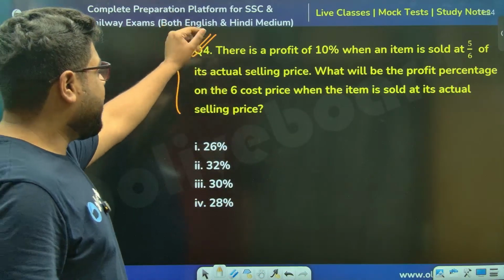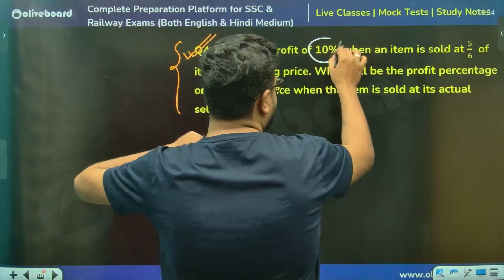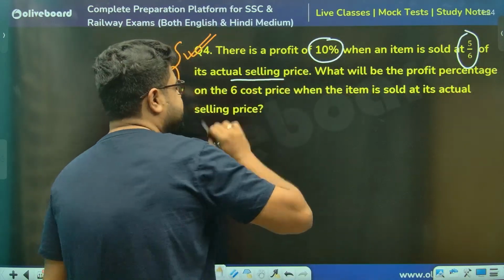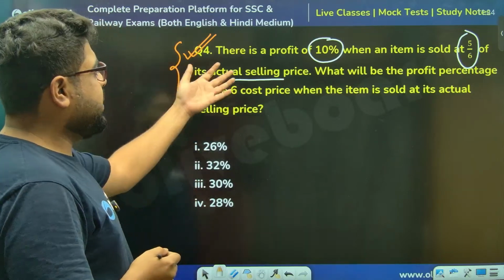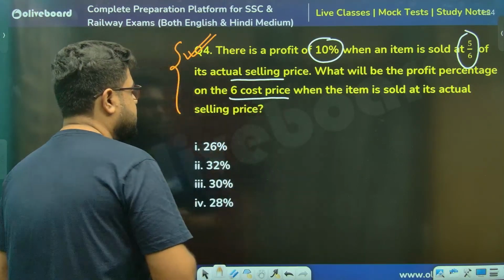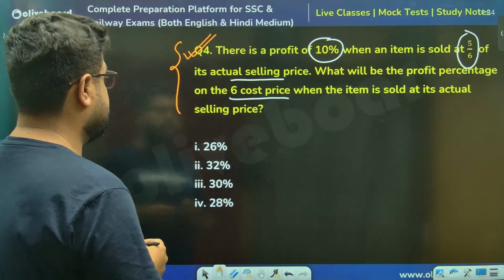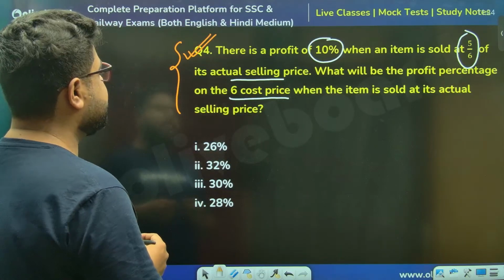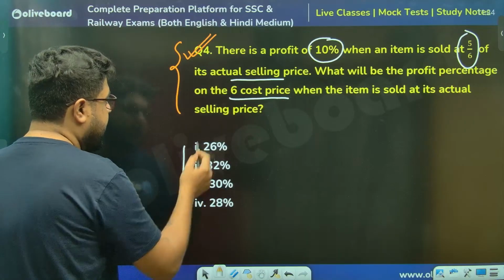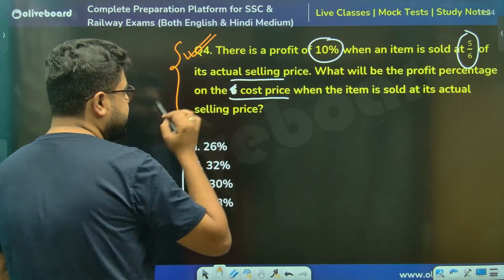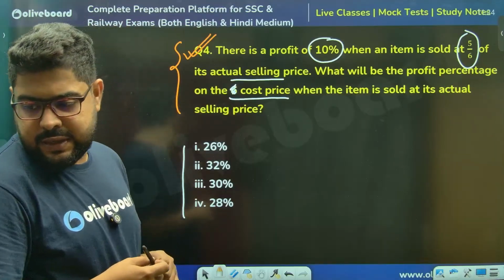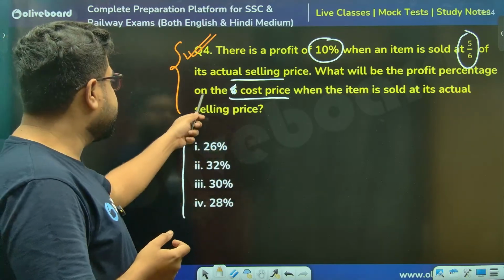Right? Profit of 10% when the item is sold at 5 by 6 of its actual selling price. What will be the profit percent on the... I guess there should not be a 6 at all, because looking at the options, I don't think this 6 is needed.